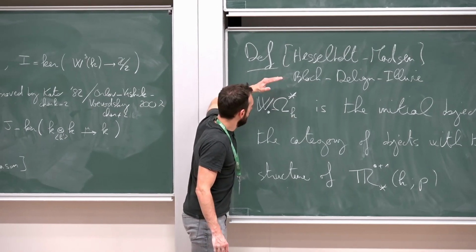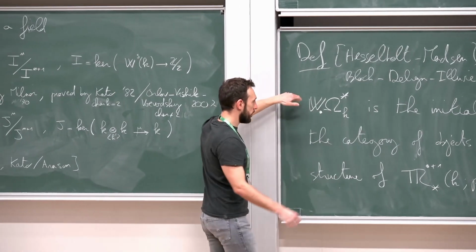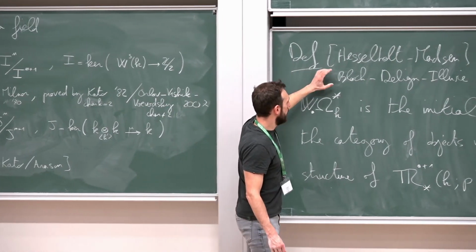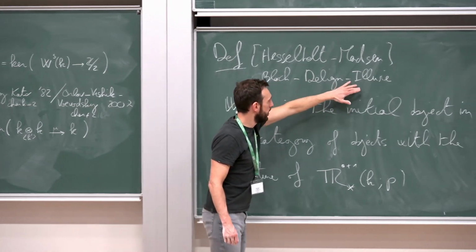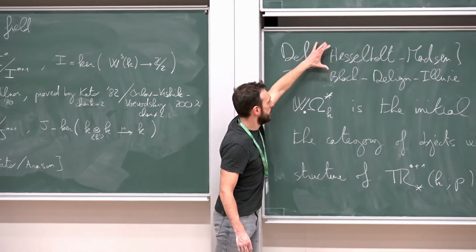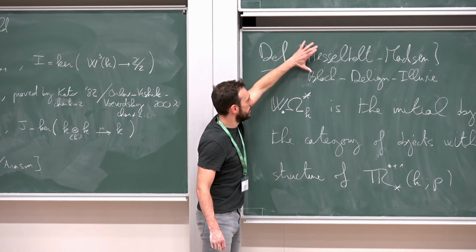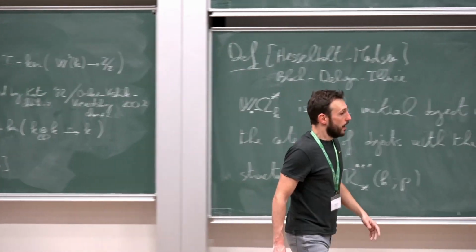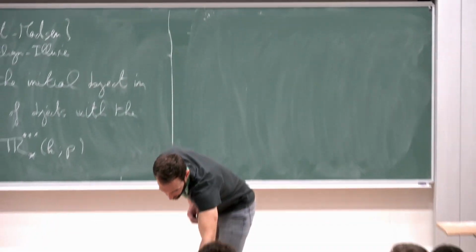But then there was a previous definition in terms of generators and relations that was very complicated. I think Bloch in low degrees, and then Deligne and Illusie generalized it to higher degrees. And they also give a comparison between this new definition and theirs.